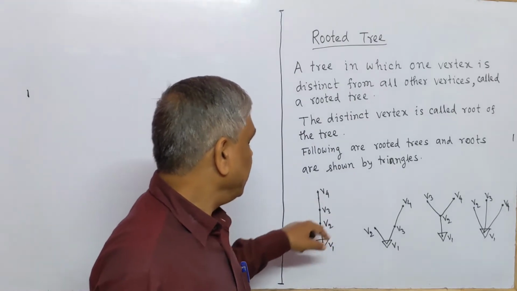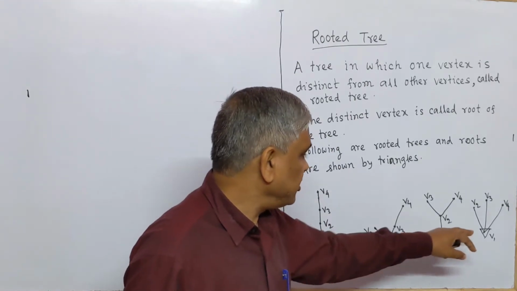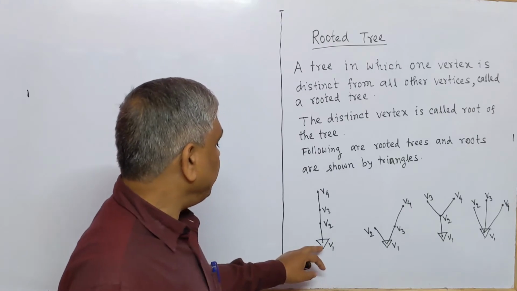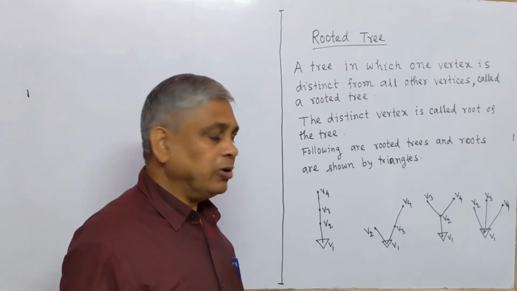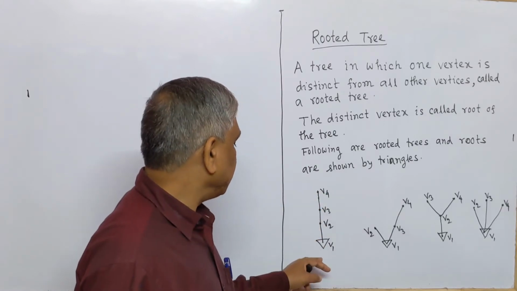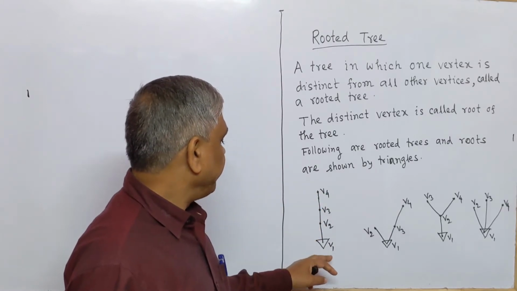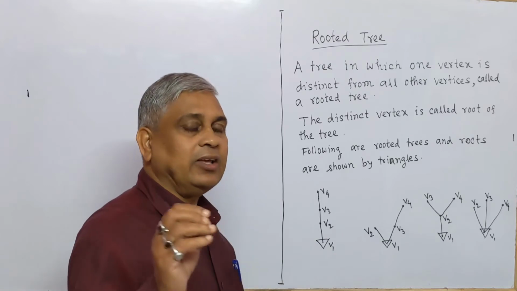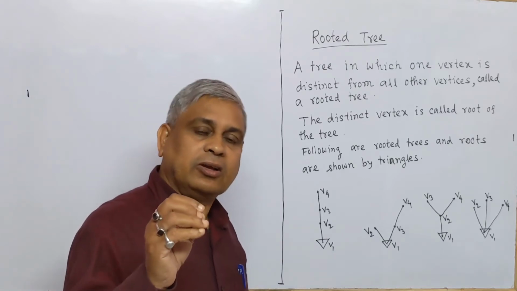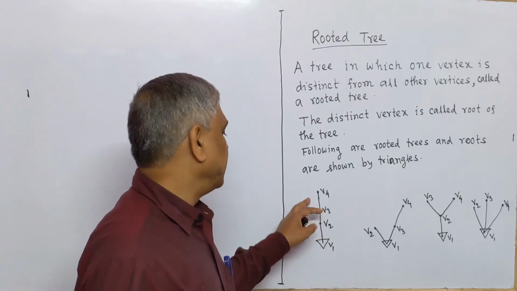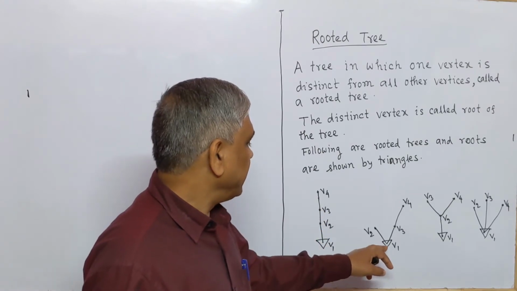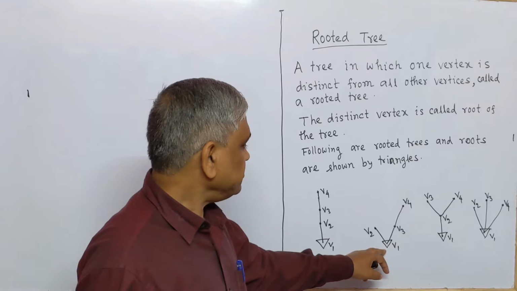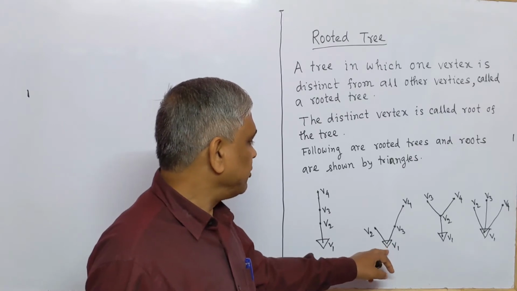Here we see some rooted trees. Here vertex V1 is below all the vertices, and this vertex V1 is the root of this tree. And similarly, here also V1 is the root.